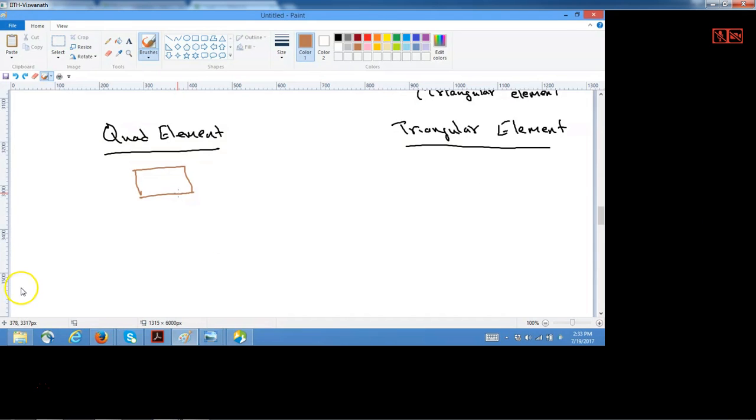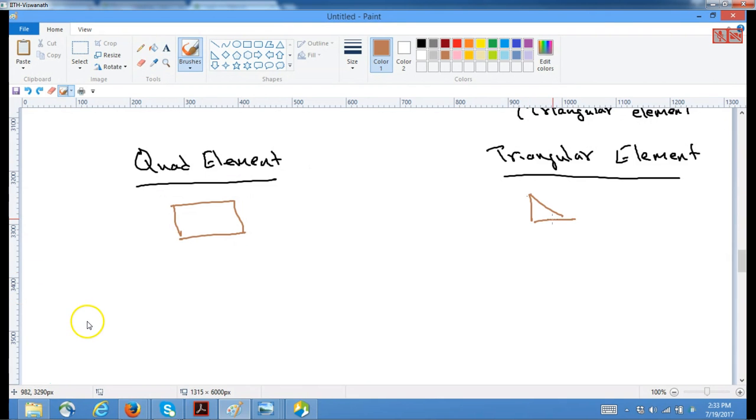However, in this, I'm just drawing a standard triangle. It can be any kind of a triangle. So anyway, let me also draw it in a completely generic fashion so that you don't have any problem.